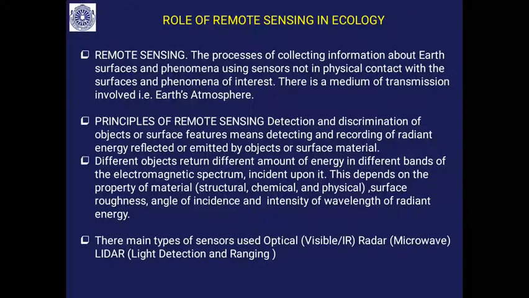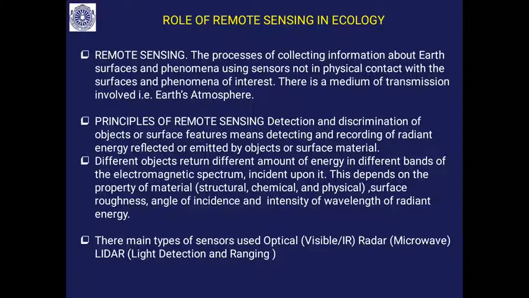Different objects return different amounts of energy. The amount of energy reflected by the soil is different from that of water, or from a biological object. So, different bands of the electromagnetic spectrum are analyzed, and the reflected energy depends on the property of the material.